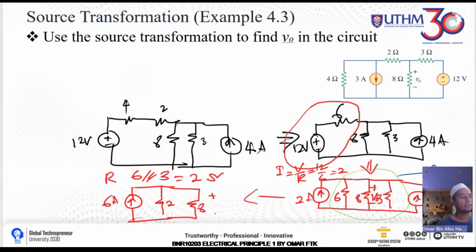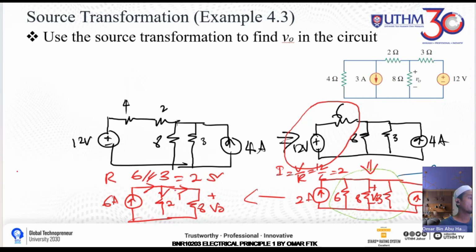The 8 ohm resistor we cannot combine with other resistors because we want to find the V out here. So it needs to remain on its own. So from this you can do the current divider to find the value of the current over here, I for example.